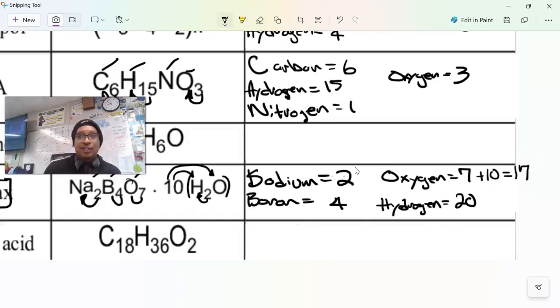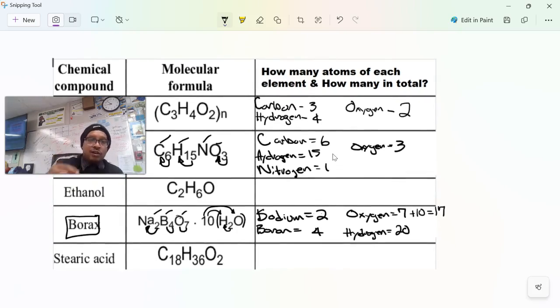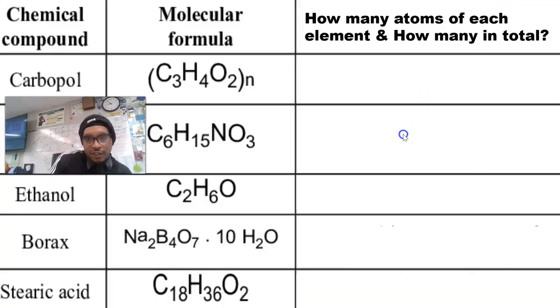Hopefully that wasn't too crazy for you, okay? So make sure to have that completed in your notes and go ahead and do the other 2. I'm not going to walk through those 2. Make sure you get the one for ethanol and then for stearic acid, hopefully I'm pronouncing stearic acid right. Okay, so we're going to keep it moving so we can get this lesson done.